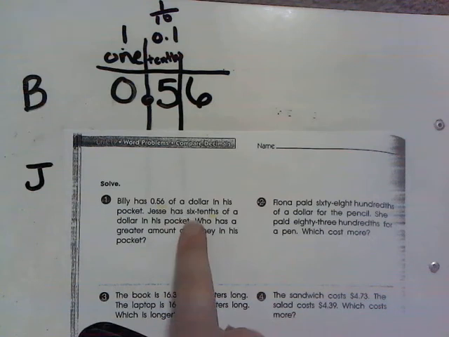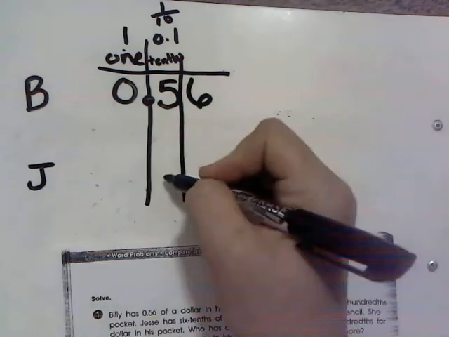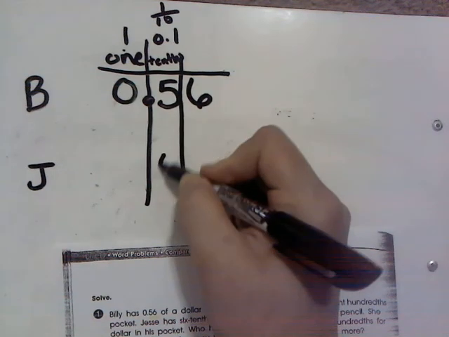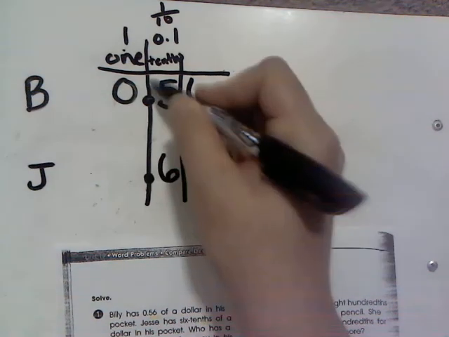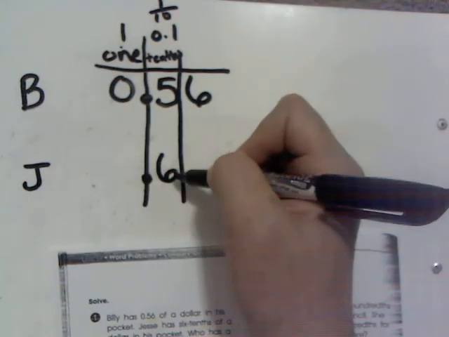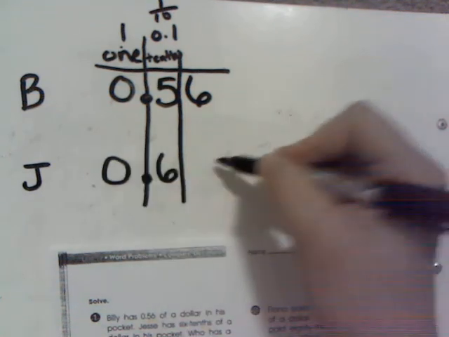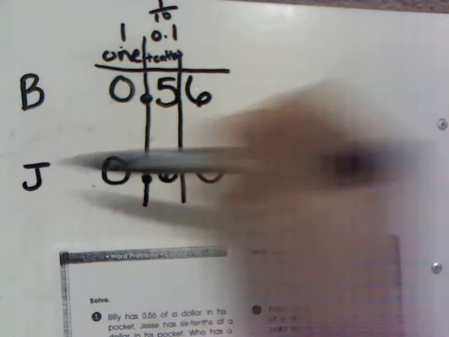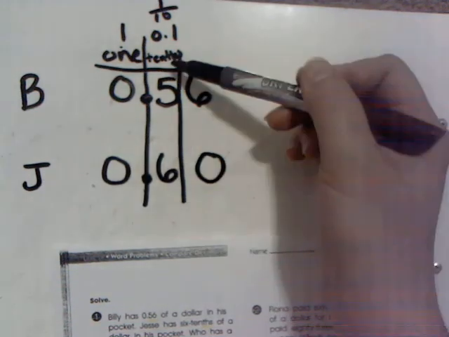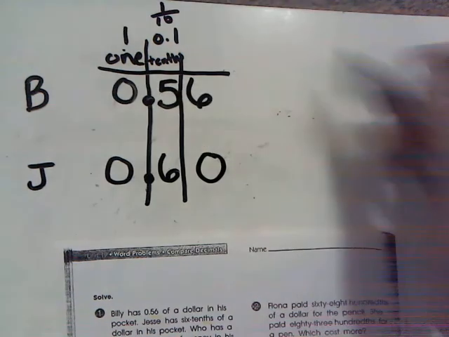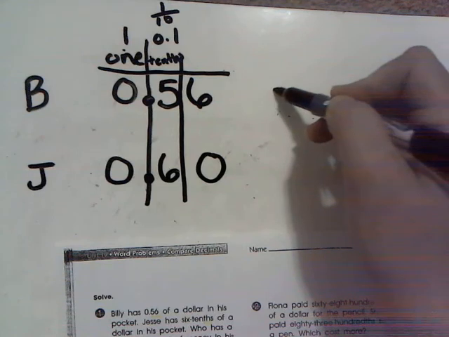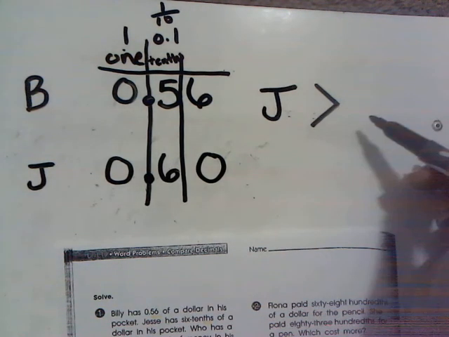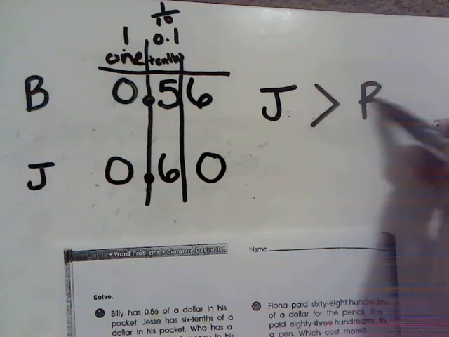Jesse has 6/10ths. So now I'm in my tenths place. It tells us how many tenths, so I'm going to put 6 here. Bring down my decimal to show that we're smaller than 1. Placeholder zeros. Now I can see that Jesse's value has more tenths than Billy's value. So we can say that Jesse has more money than Billy.